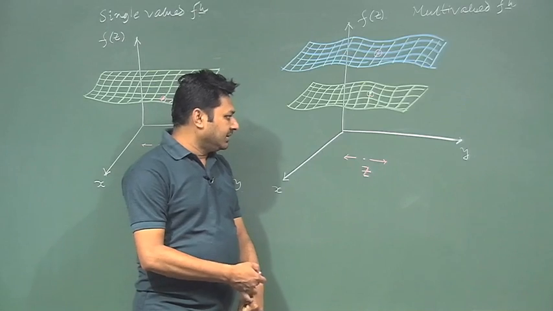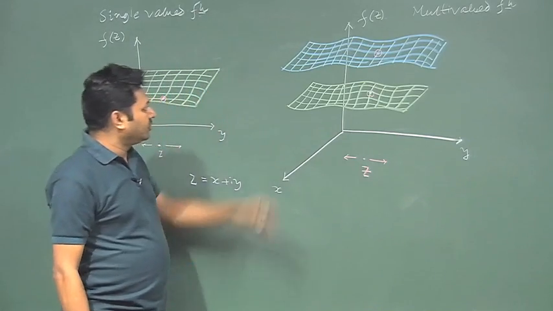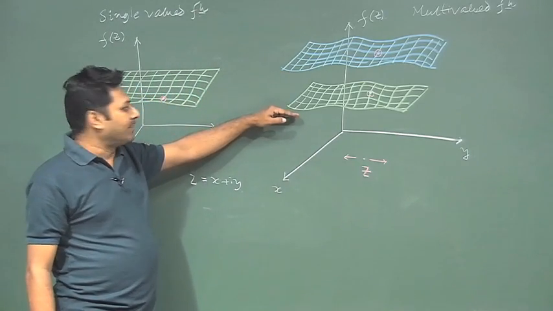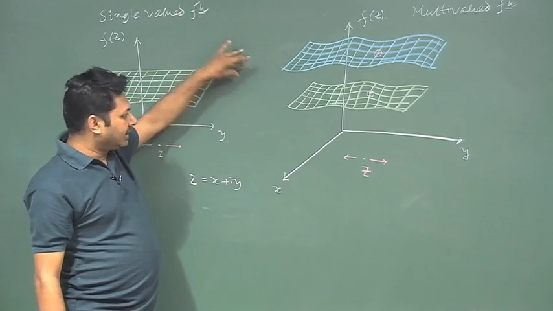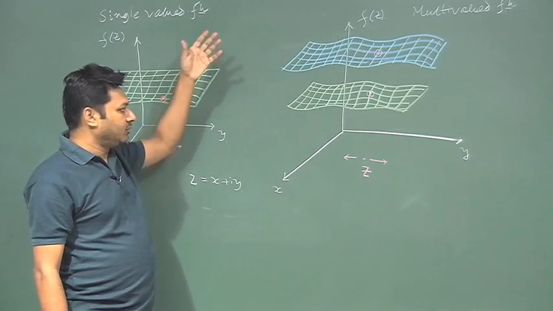Now, the question is, for the multivalued function, these two surfaces are not separate like this; at some point they are merged to each other in a complicated way.